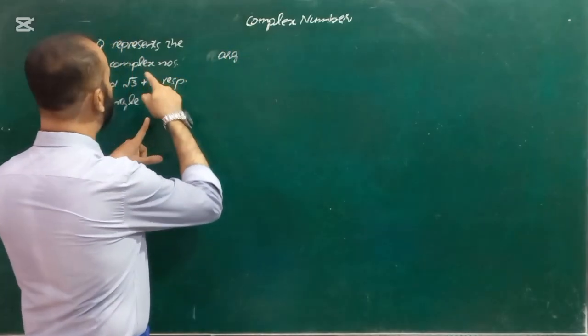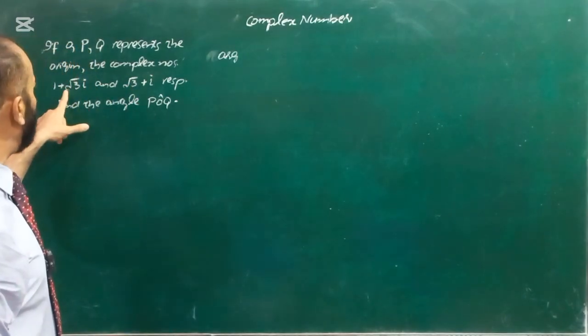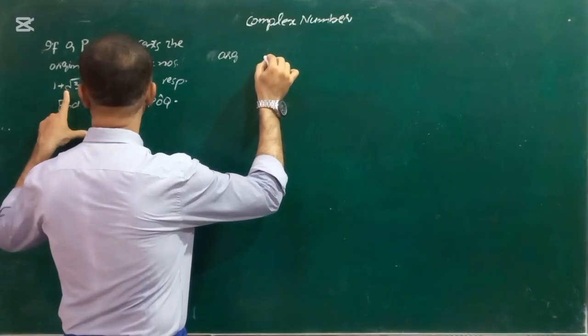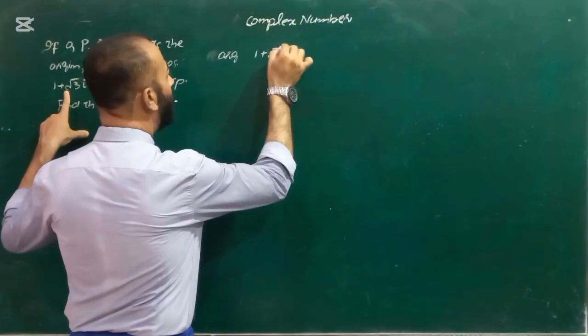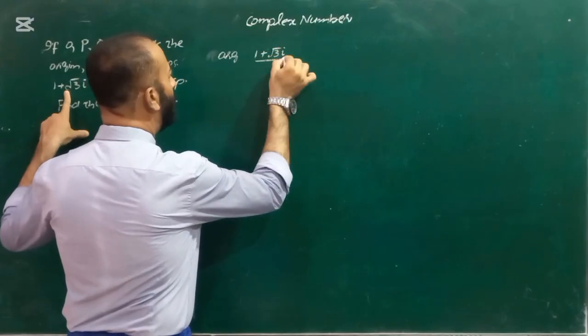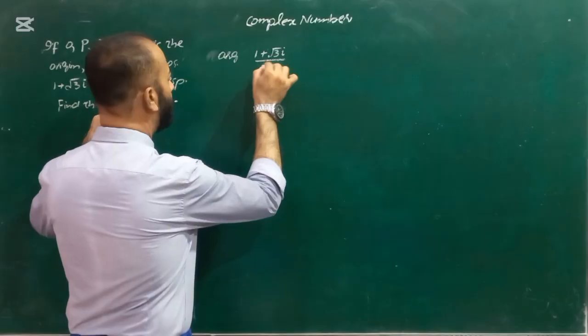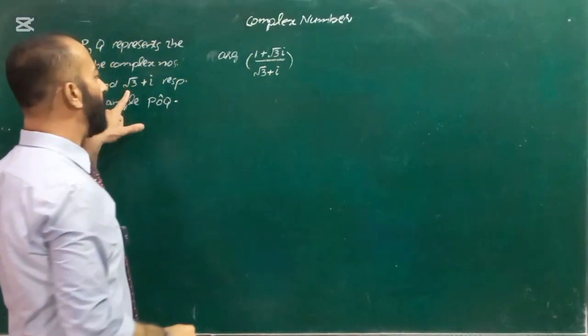First, P is actually this complex number. So this will be put in the numerator, 1 plus square root 3 iota, over square root 3 plus iota. So here is the concept. Look again.